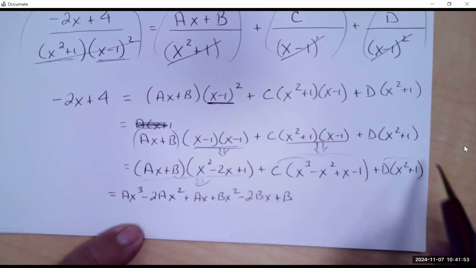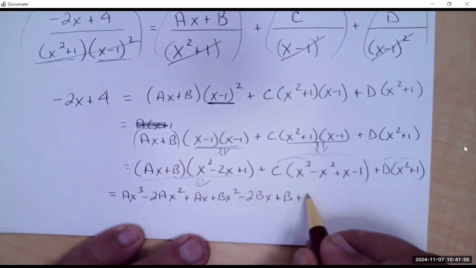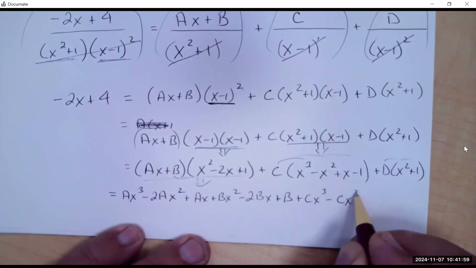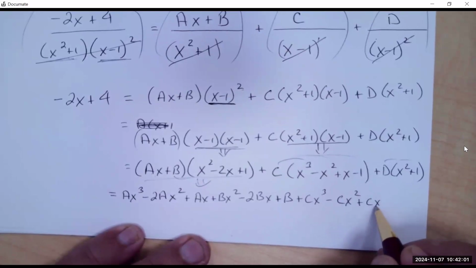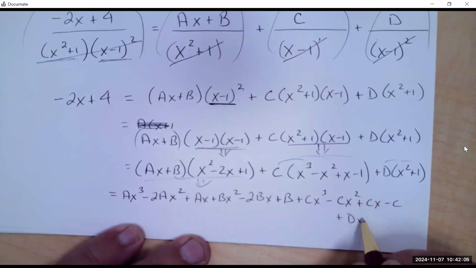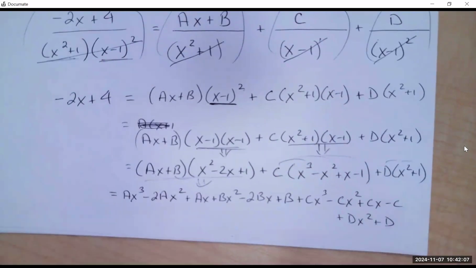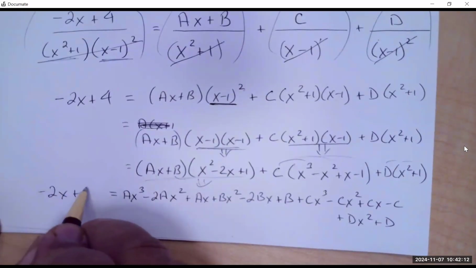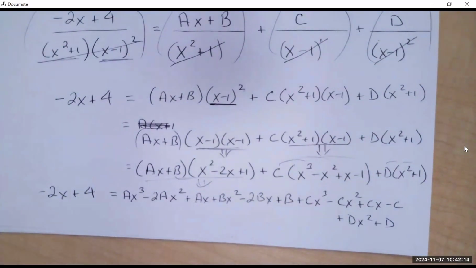Distribute the c and the d. We get positive cx cubed minus cx squared, plus cx minus c, plus dx squared plus d, equals negative 2x plus 4.